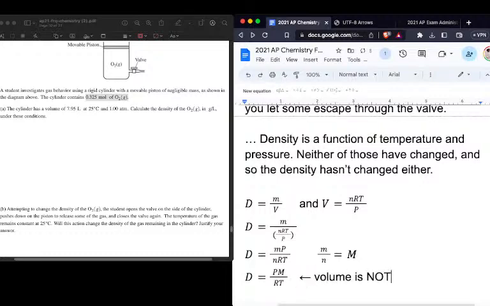Volume is not here. This is a formula for density that shows it depends on the pressure and temperature of the canister, and then obviously the identity of the gas, like its molecular mass, because the heavier gases weigh more.